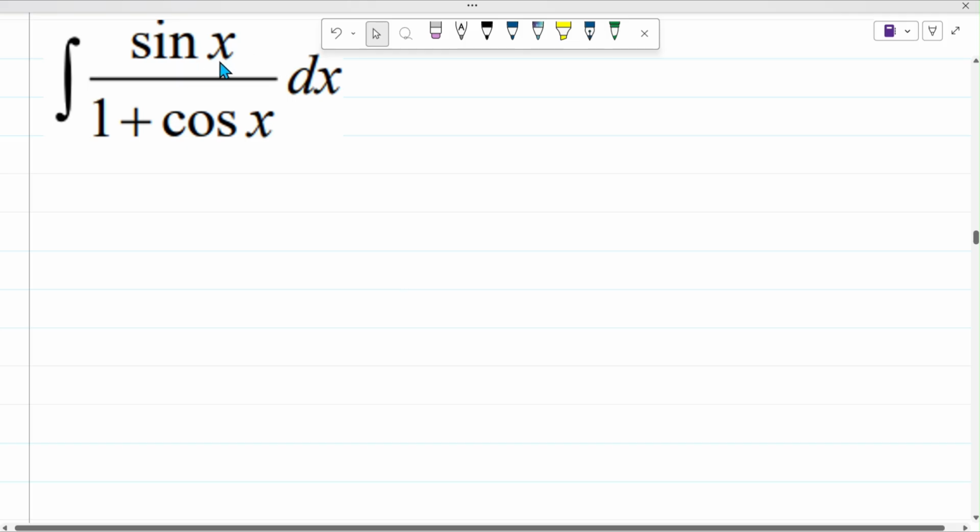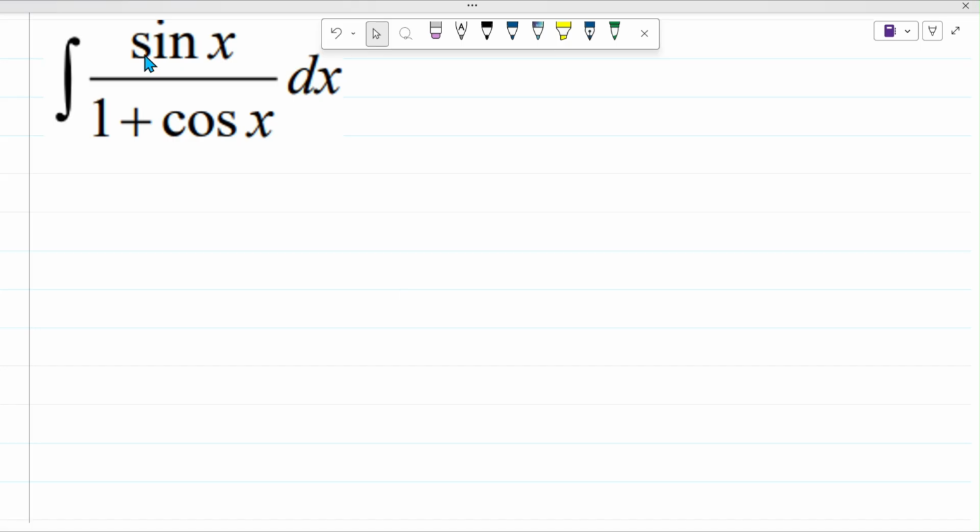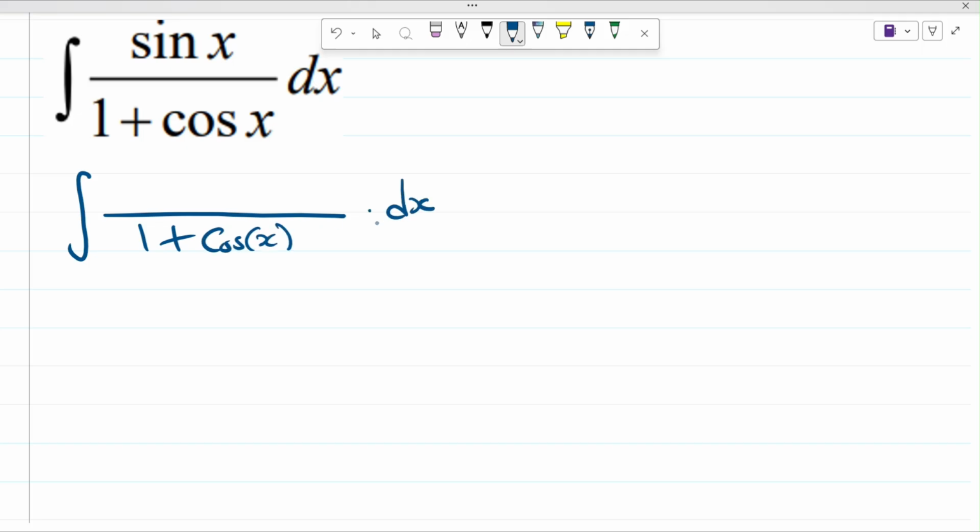So we simply say that if we let 1 plus cos of x be our f of x, then this is going to be our f prime of x. For it to be our f prime of x, we need to put a -1 next to it. Let's rewrite this nicely. If we let 1 plus cos of x be our f of x, then the derivative must be negative sine of x, right?